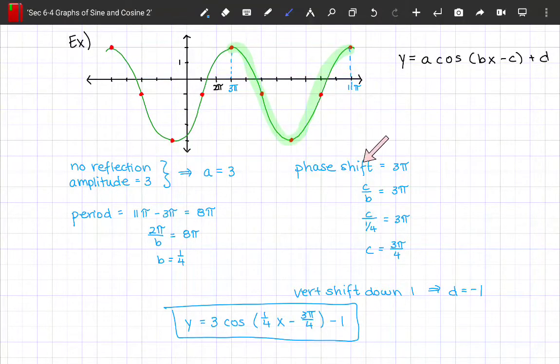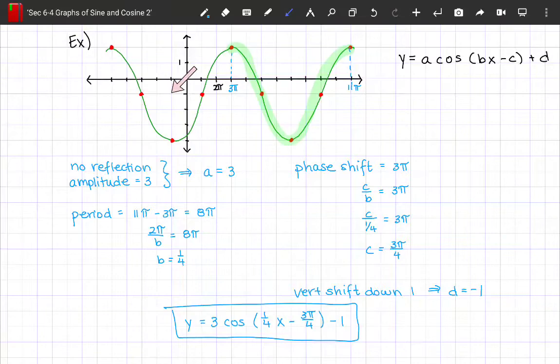Now I do have a phase shift, because this cup doesn't start at x equals 0. It's to the right 3 pi units, so my phase shift is 3 pi. Now remember, your phase shift is always c over b. We know b is 1/4, so this gives us an equation to solve for c. That means c is going to be 3 pi over 4.